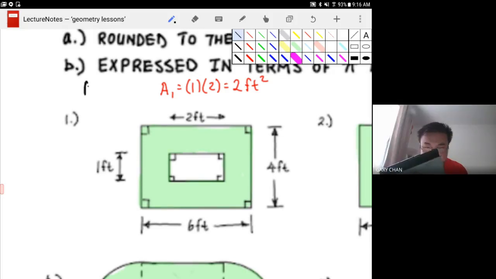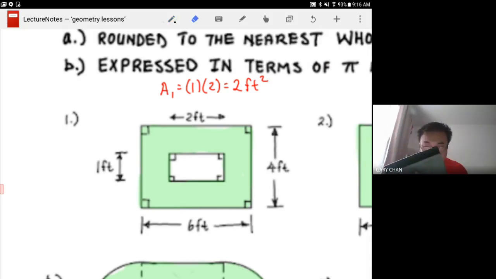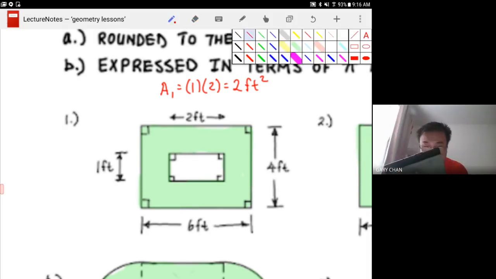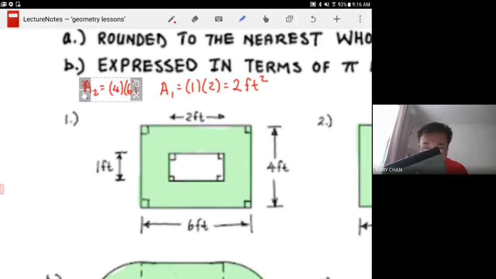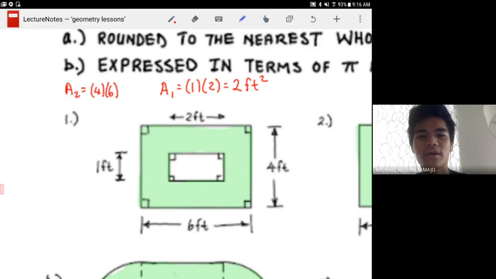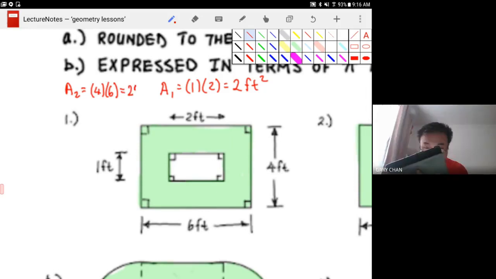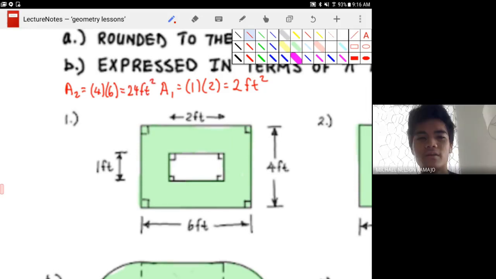That's it. So I want to call that area A2, and it's going to be 4 times 6, which is 24 feet squared.